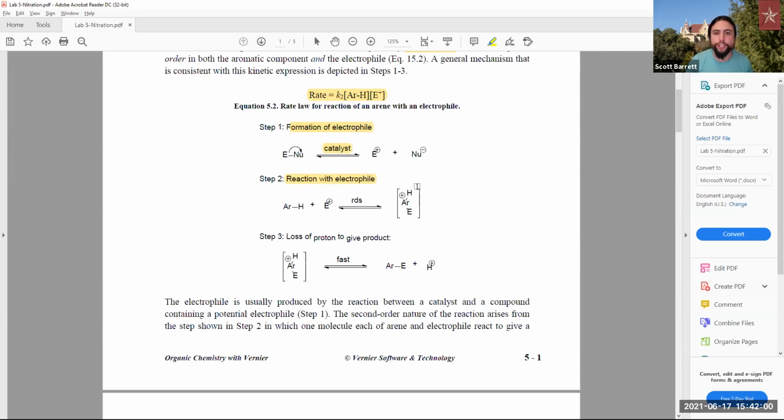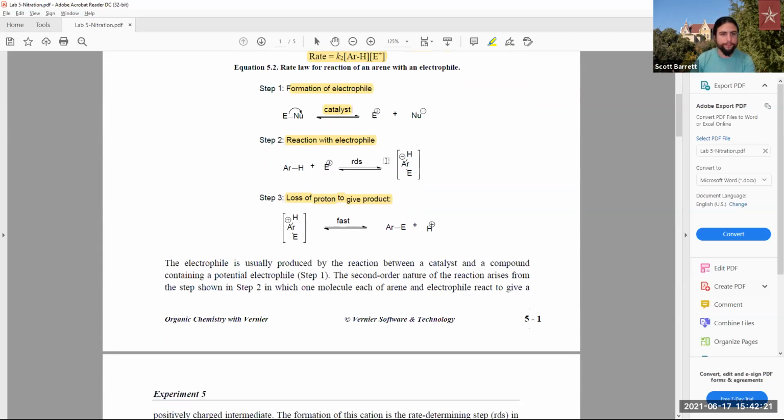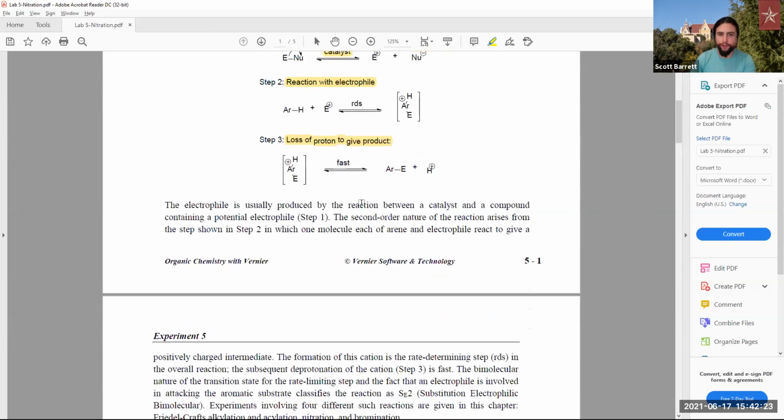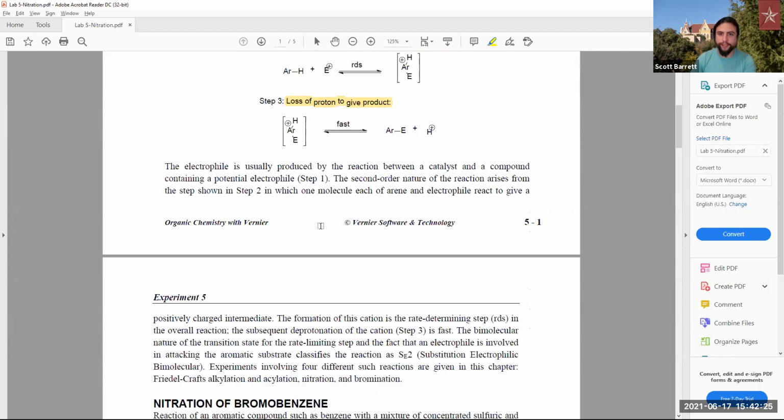And of course, you should know that the brackets mean that this is an intermediate, right? So in the intermediate, this is the fast step. So these are the two portions that we need to know of the second order reaction, followed by the fast step of the proton leaving the system and the electrons that were attached to the proton binding over. So the electrophile is usually produced by the reaction, like we discussed up there.